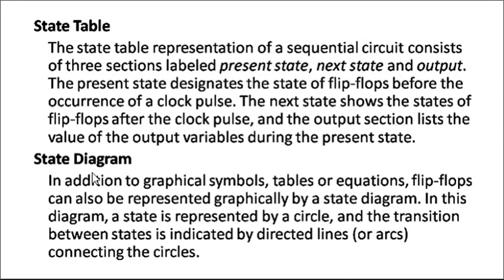The state diagram. In addition to graphical symbols, tables or equations, a flip-flop can also be represented graphically by a state diagram. In this diagram, the state is represented by a circle and the transition between the states is indicated by direction lines connected to the circles.